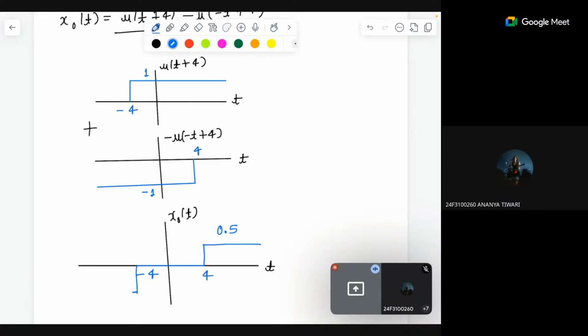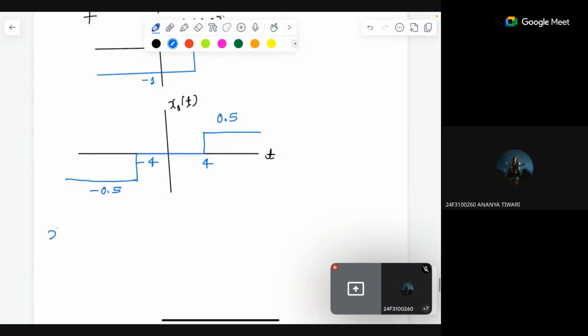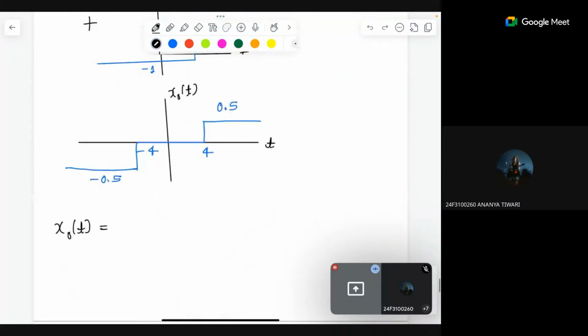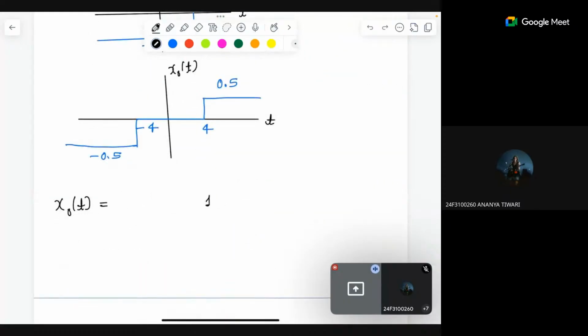So we have this. Now if we want to write it down analytically, x odd of t, let us first write the right hand side. It is similar to what we wrote for the even one. It is the same, so the amplitude is half u of t minus 4.